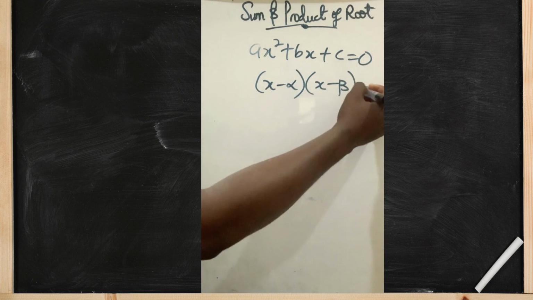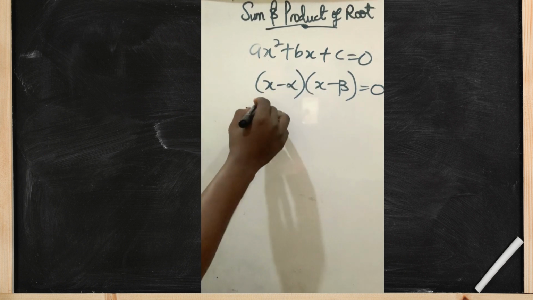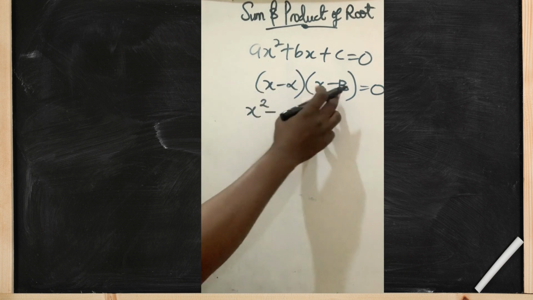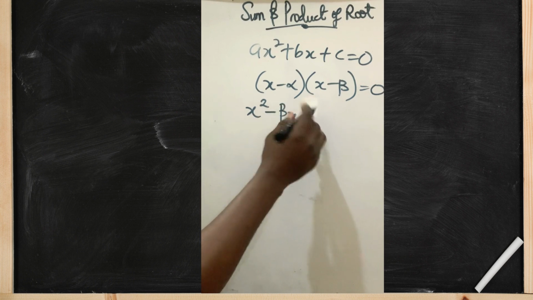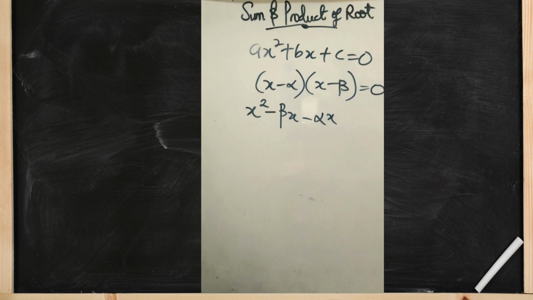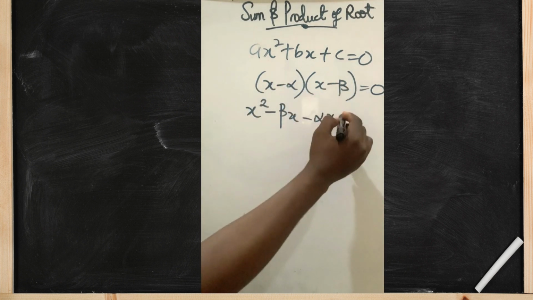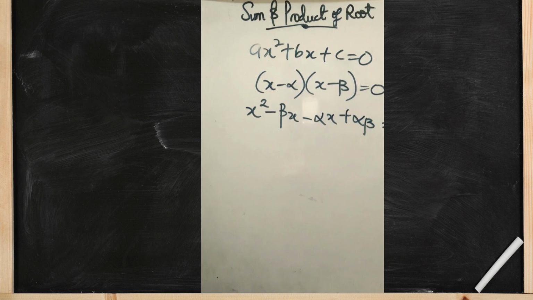By the time you multiply these out, you have x squared, then minus beta x, then minus alpha x, then plus alpha beta equals 0.